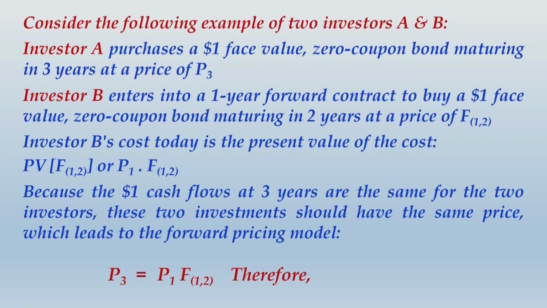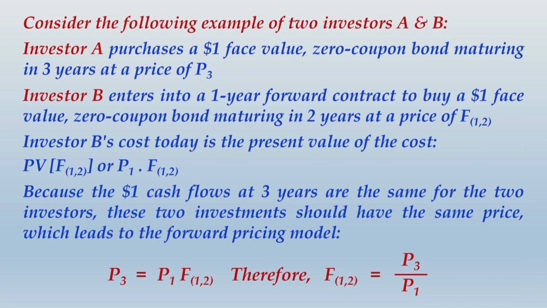Therefore, from this, if you want to find the value of F1,2, it will be P3 divided by P1. Now this is what we call no arbitrage pricing, and that is the base for the forward pricing model. I want you to carefully understand and note down this whole thing. Don't write it as a formality. Understand and write it down, and then only we shall proceed ahead.